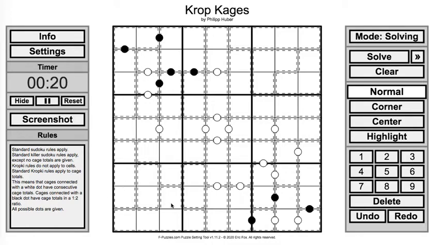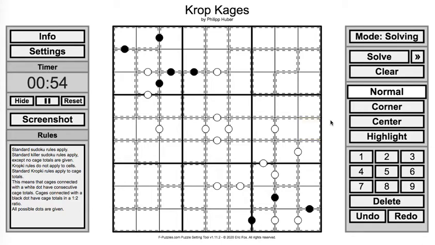So for example, this cage and this cage could never have totals that are consecutive or in a 1-to-2 relationship. For everyone who doesn't know, I guess I don't need to explain it because it's intended for people who solved the puzzle already, but black dots tell that the cage totals are in a 1-to-2 relationship, and white dots mean that the cage totals are consecutive.